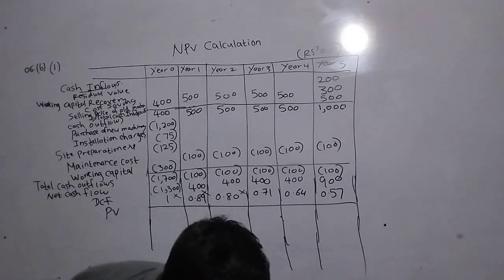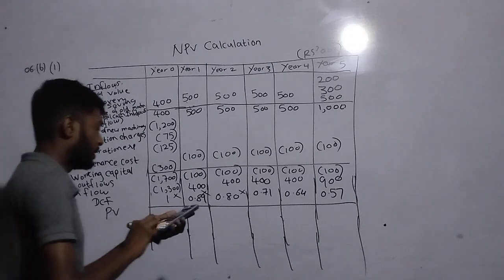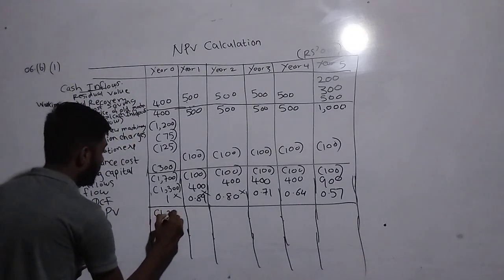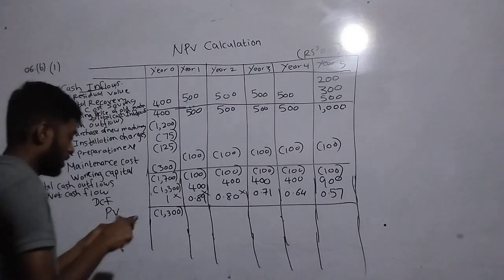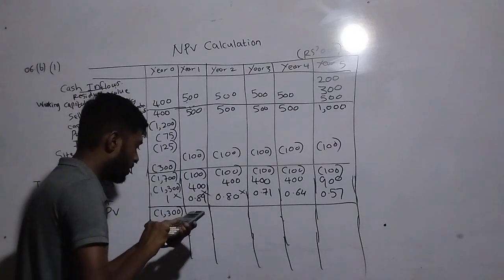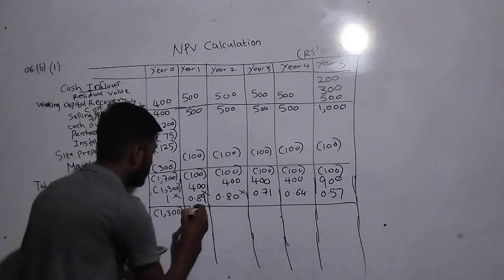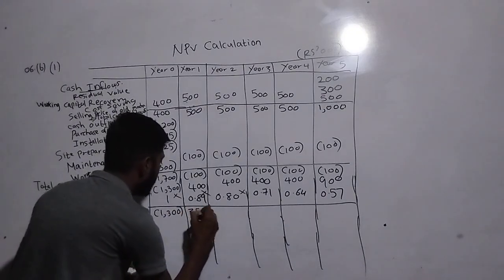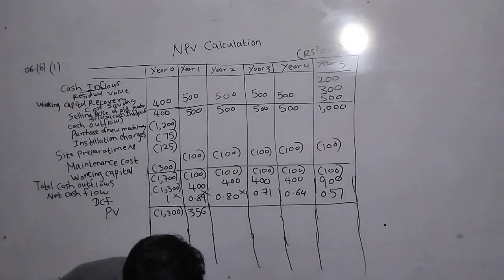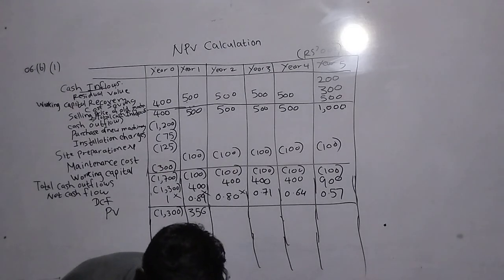Like that. So use the calculator. So let me calculate that. Here it's going to be minus 1300 present value. Then 400 into 0.89 is going to give you 356. Okay, dear students. Then let us move forward.